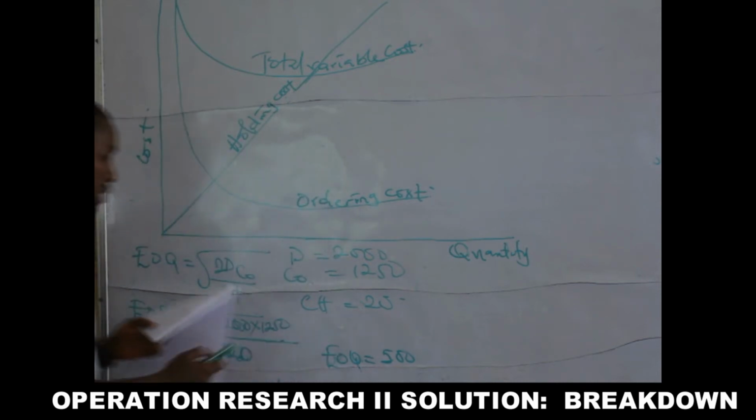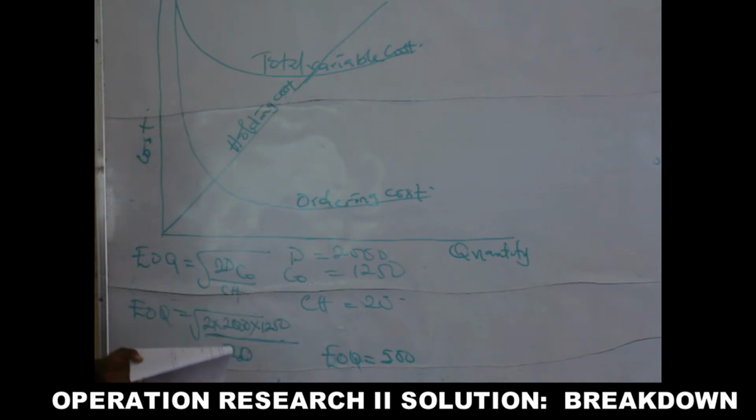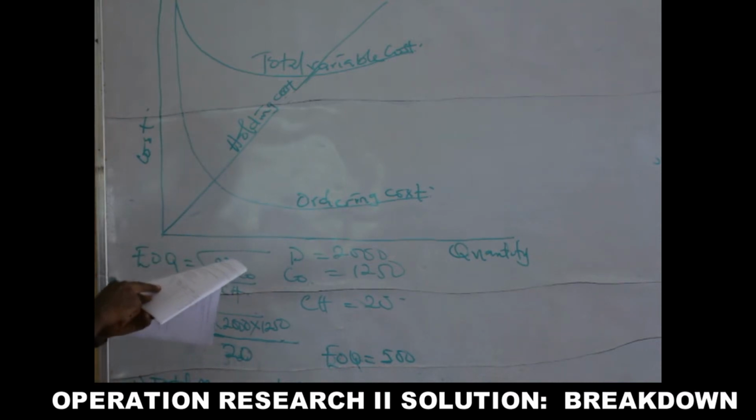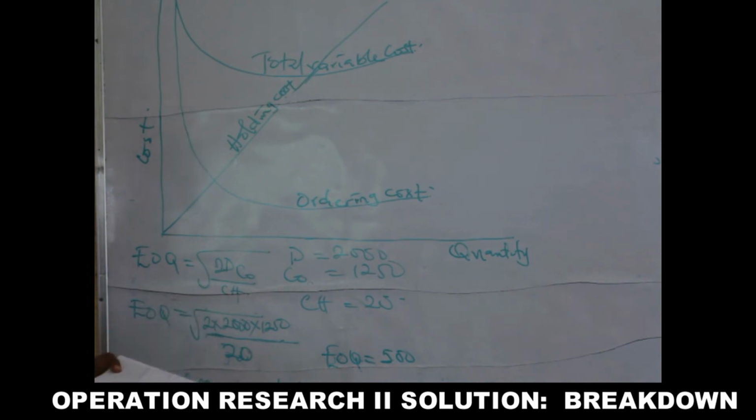Then we are asked the ordering frequency that produces the EOQ. From your table and also from your graph, you will see that the EOQ is when the total ordering cost is equal to the total holding cost. And the ordering frequency at that place is 4.